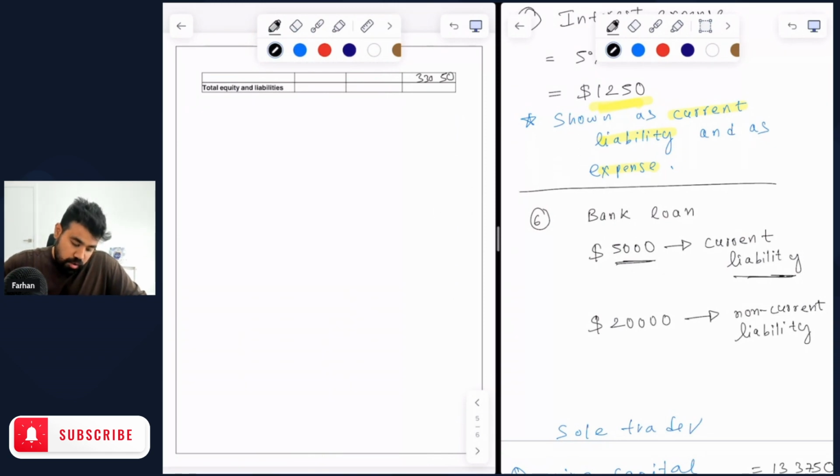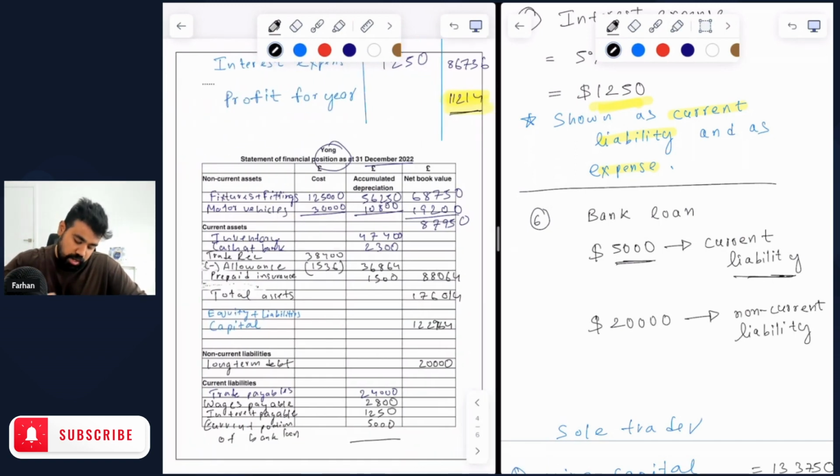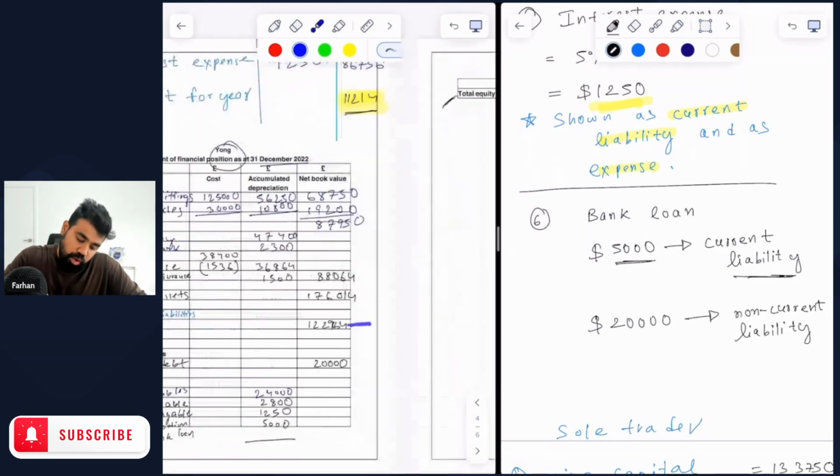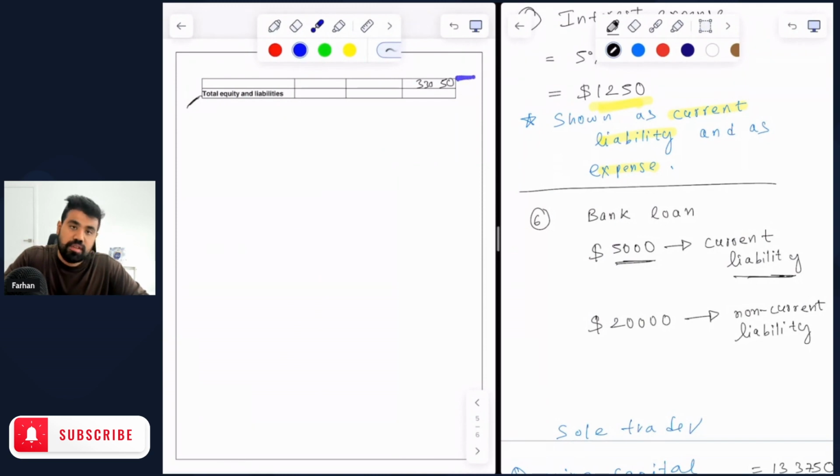All right. The last line requires us to calculate the total equity and liabilities. How do we find it? You add 20,000, which is the non-current liability, with 122,964, which is the capital, with 33,050, which is the current liability.